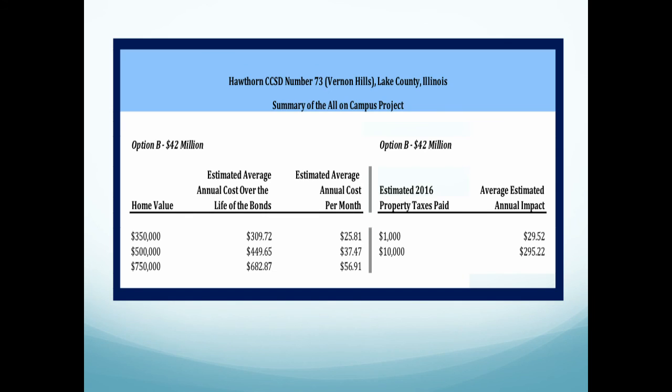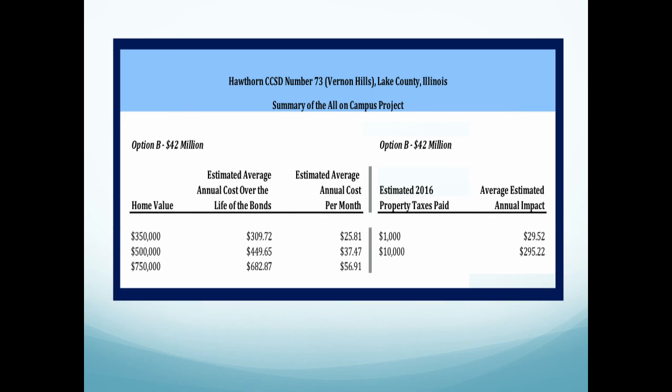So you can see the impact for the $500,000 home value and the $750,000 home value, and these are market home values. We also did it as a percentage of property taxes paid, because market value, what you feel you can sell your house for, may not be what the county assessor says the value of your home is.